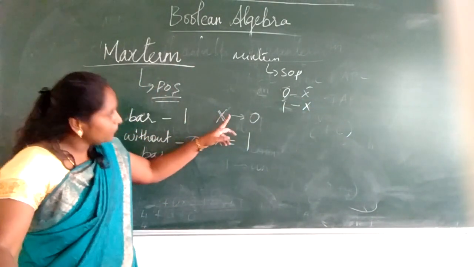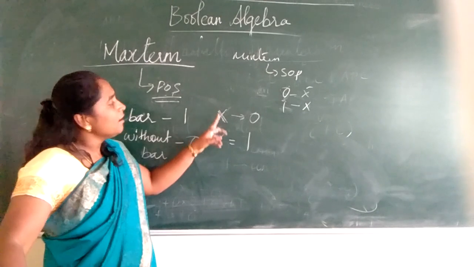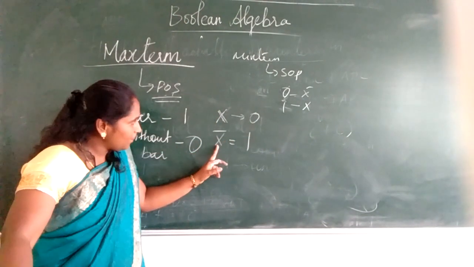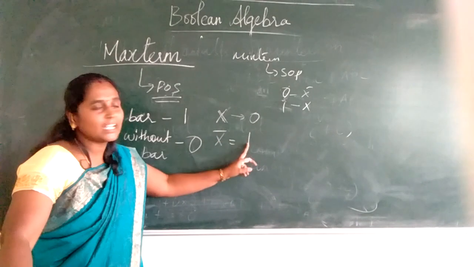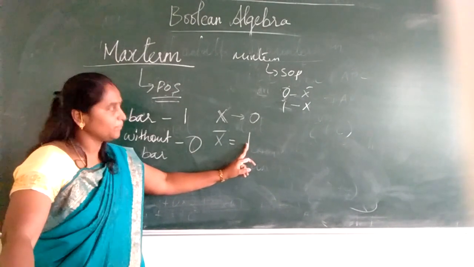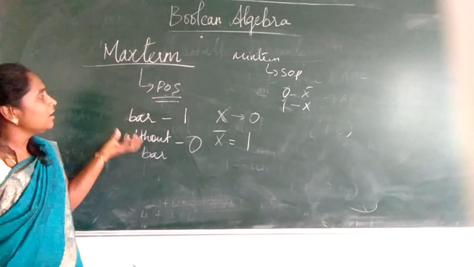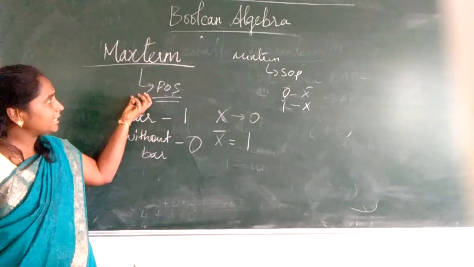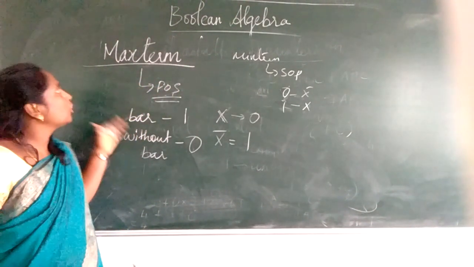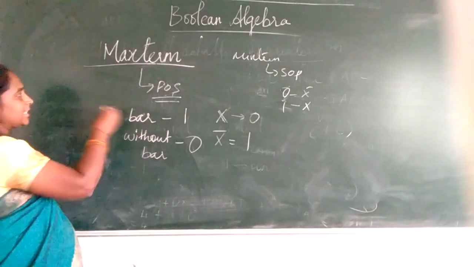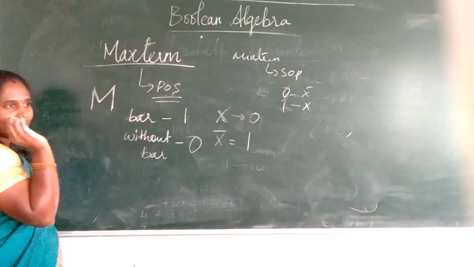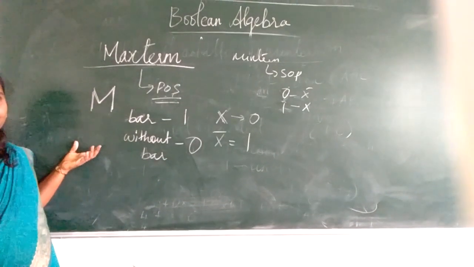But here, if a variable has no bar we consider 0, and if it has a bar we consider 1. Such an expression, a sum of all literals with or without bar, we call the max term. It is represented by capital M.